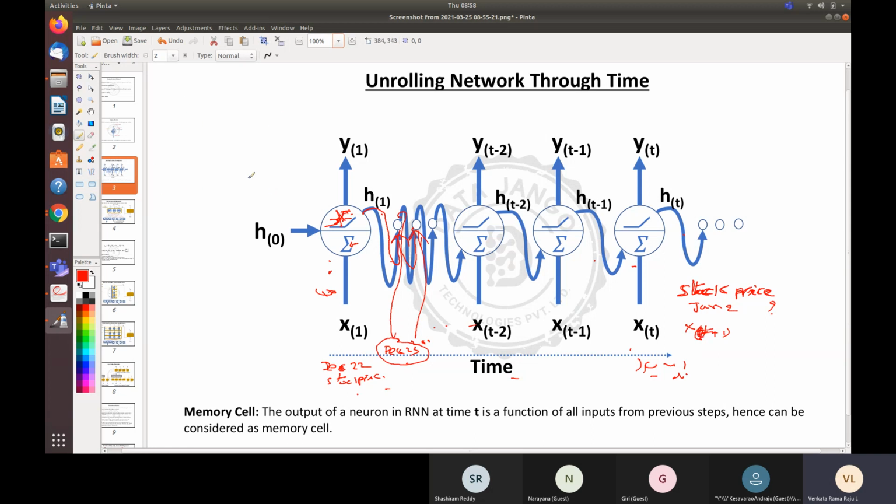But in deep learning, DNN, what happens? It actually takes all the data and then tries to predict here. So there is no particular sequence followed here. Here a particular sequence is followed, and only a particular set of T time steps are looked into.